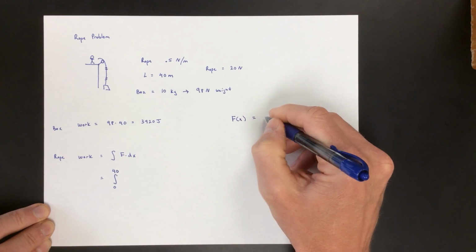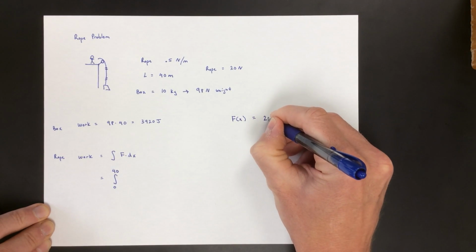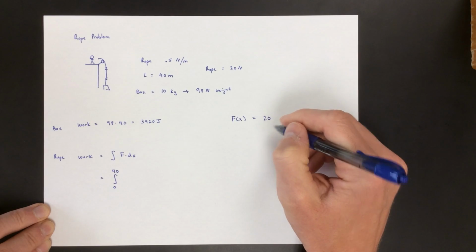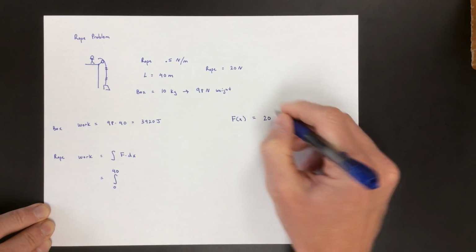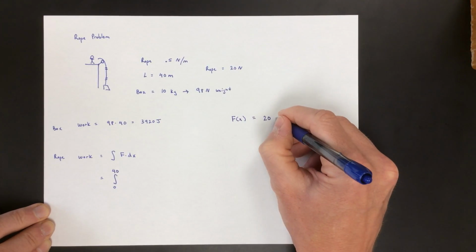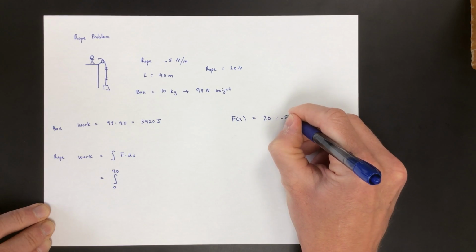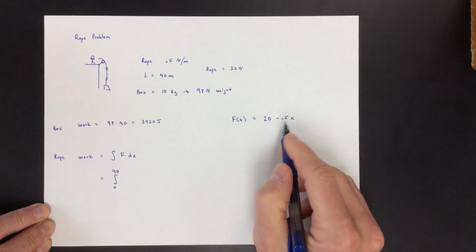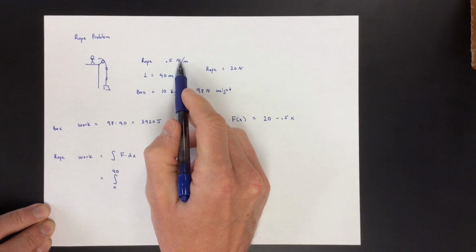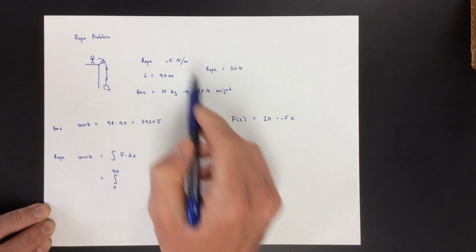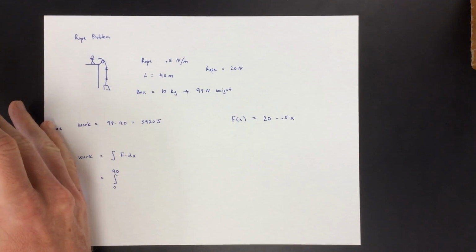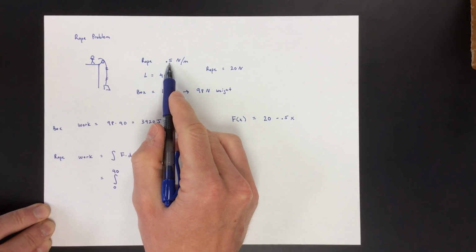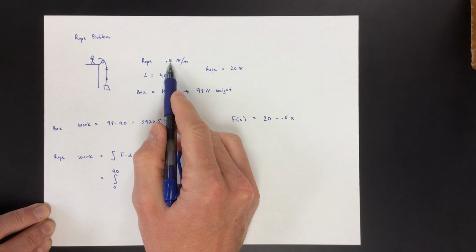Well, think about it: the rope starts out at being 20 newtons. And then every time you pull 1 meter, it weighs 0.5 newtons less. Think about that for a second. This is the weight per meter of the rope, and every meter you pull up, it weighs this much less, because that's the weight density of the rope.